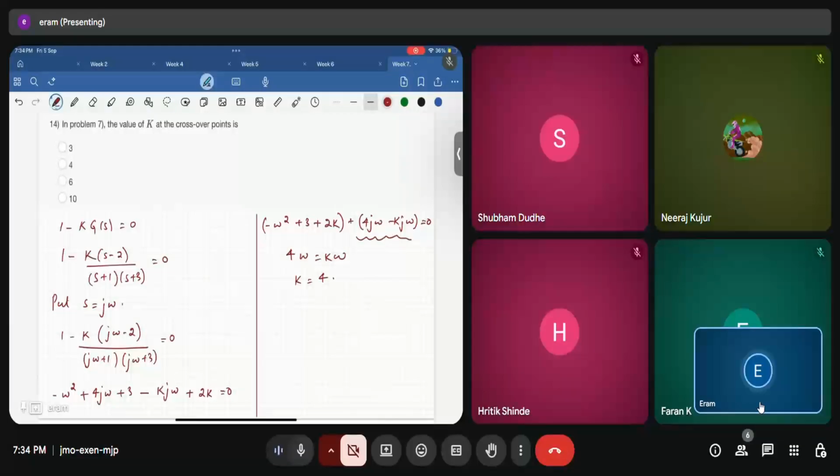That is, when k equals 4, our root locus will cross the imaginary axis. At what point it will cross, we can get by putting the real part equals 0 with k equals 4 and calculating omega. Clear to everyone?